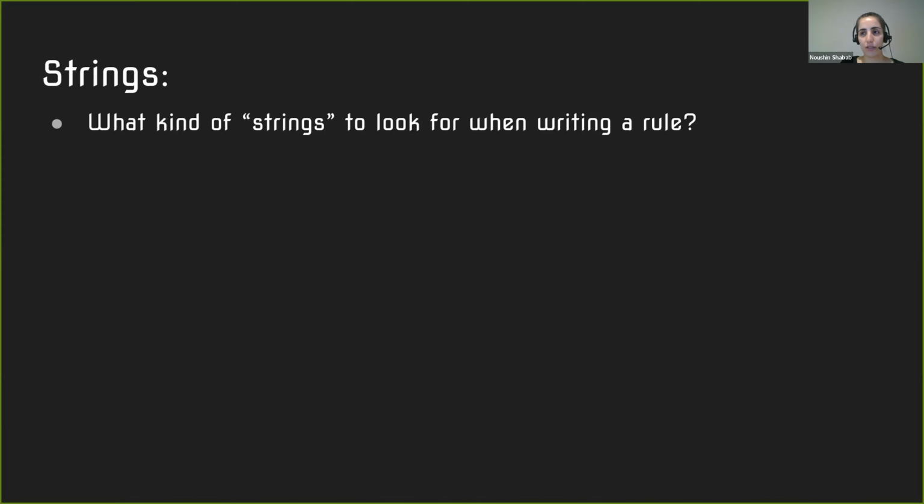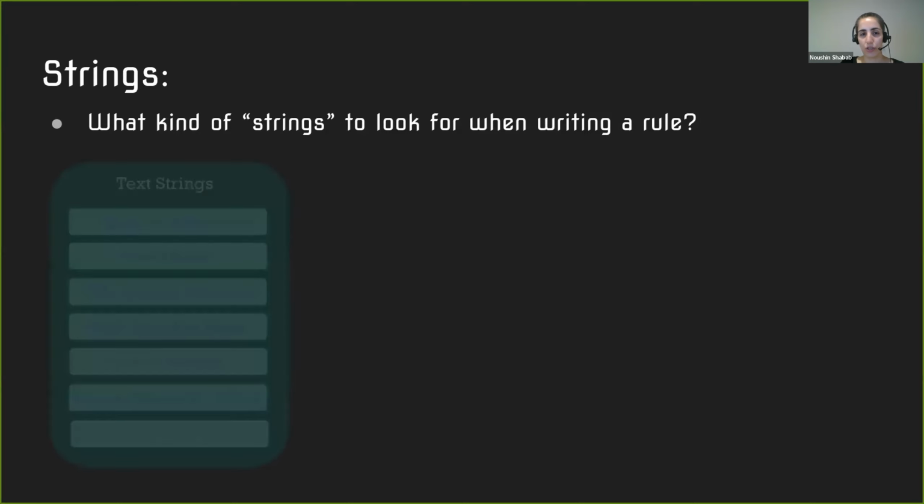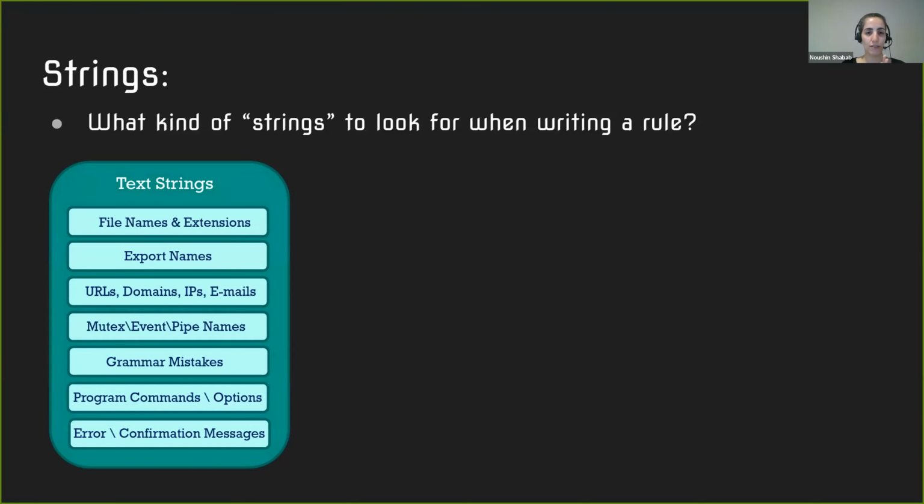In our exercises today, I have provided some hints, like look for PDB path, look for a string that shows the file belongs to .NET environment, something like this. But when you don't have any clue, it's a bit more challenging what sort of strings you can look for. So I have categorized it into a few classes.